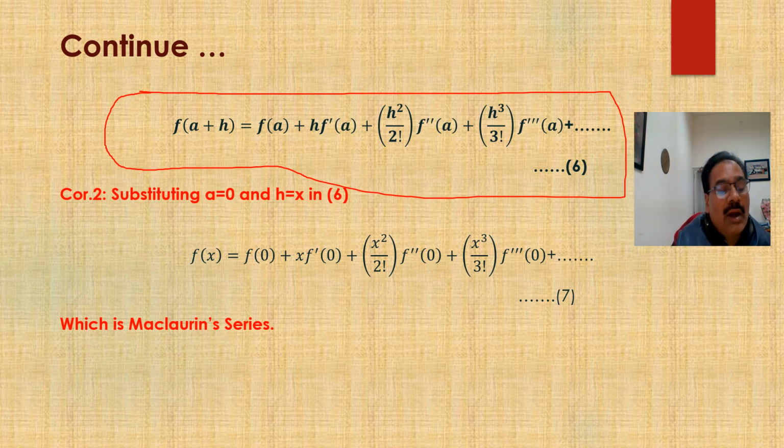Now the second important result here is if you put a is 0 and h is equal to x in the above equation, then you will get a very beautiful result, that is f of x is equal to f of 0 plus x f dash 0 plus x square by factorial 2 f double dash 0 plus x cube by factorial 3 f triple dash 0 and so on.